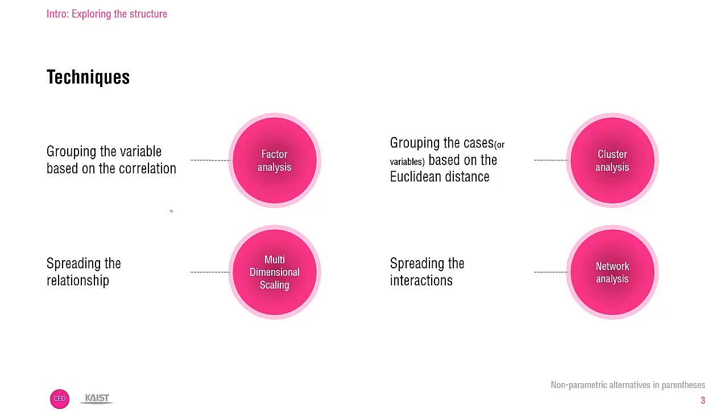So the methods are grouped into four. They are vector analysis, cluster analysis, multidimensional scaling, and network analysis. Approach-wise, each has quite different logic behind. Among these four, the most statistical one is vector analysis. The other three are quite tolerant in terms of statistical significance.